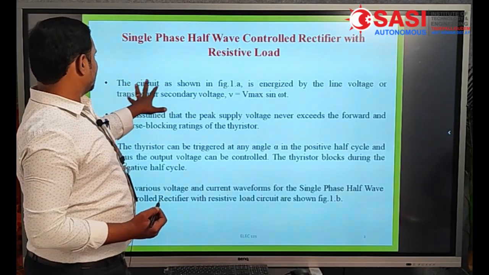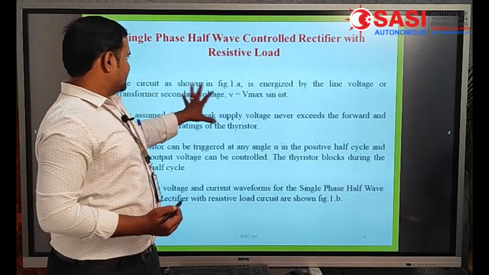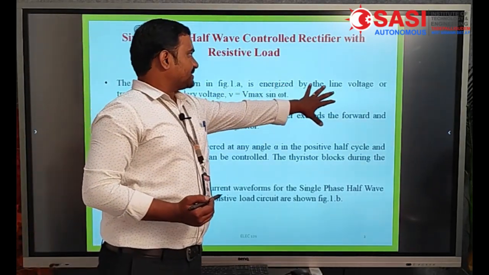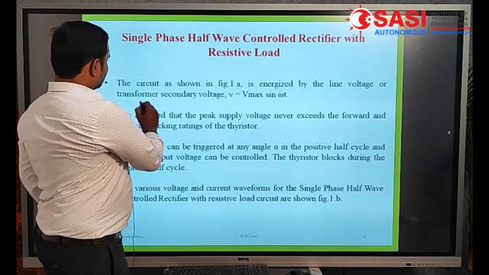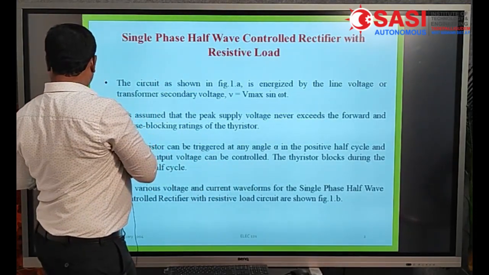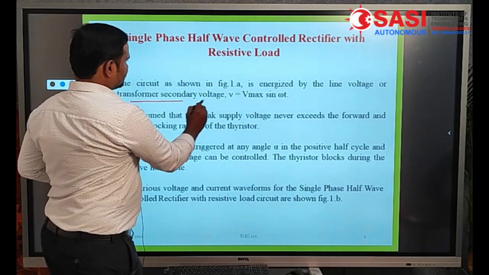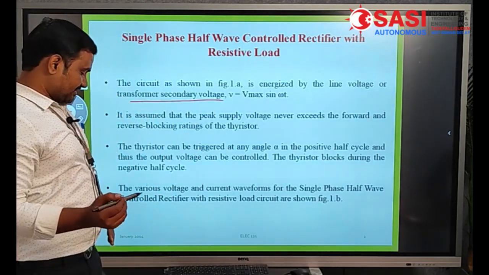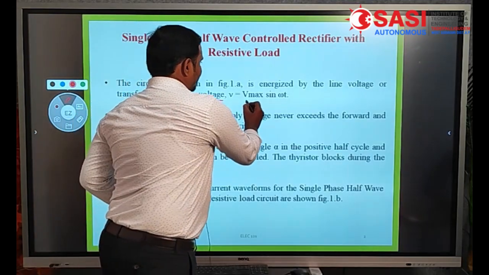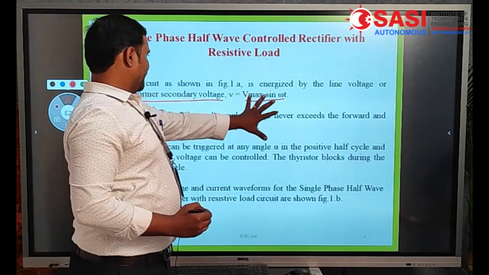In this we can see the circuit as in figure 1a is energized by the line voltage, or you can say the transformer secondary voltage. From the transformer secondary we are taking the maximum voltage Vm, or Vm sin omega t.